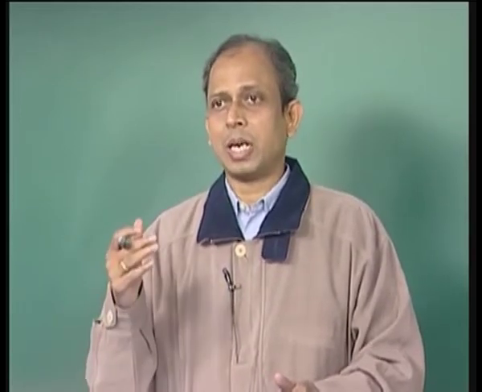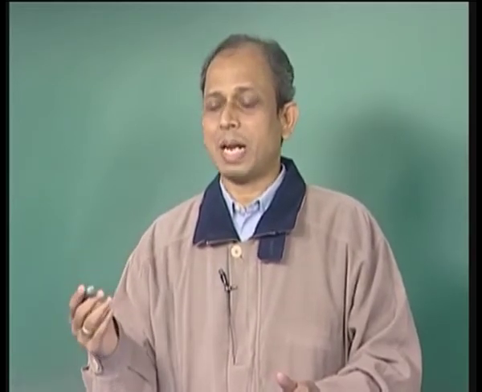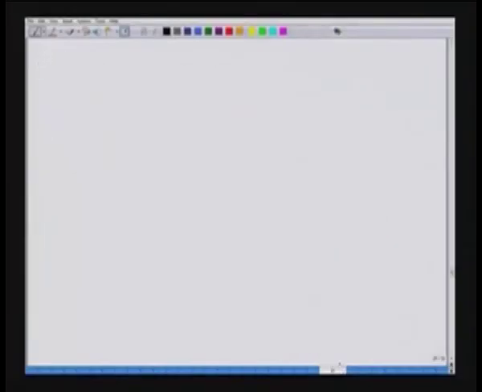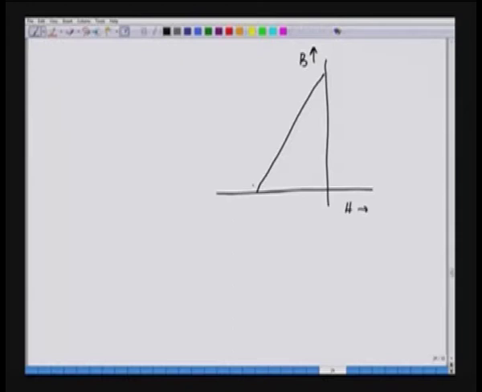Now, energy density is a product of B and H. If we have a material with this BH curve, B is on the y axis and H is on the x axis, and this is the second quadrant BH curve. We can also plot the product of B and H. The product of B and H will be something like this. So, this is the BH product.